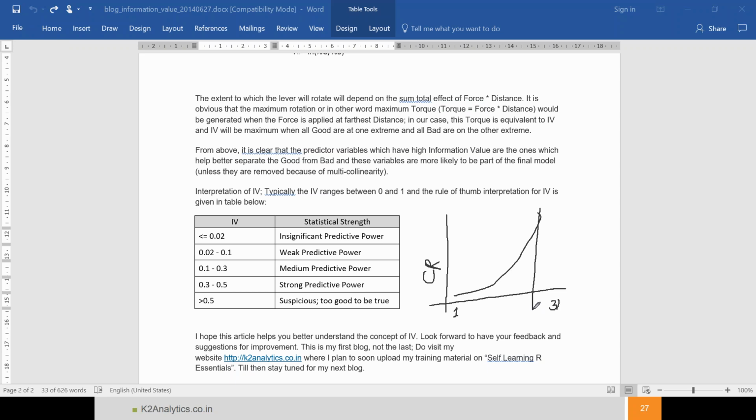Now if you get this variable, IV will definitely be greater than 0.5. What it says is that the event you are trying to predict has already happened. So what prediction are you doing? When you are doing modeling, there are multiple ways the statistics will tell you that you are doing something wrong.